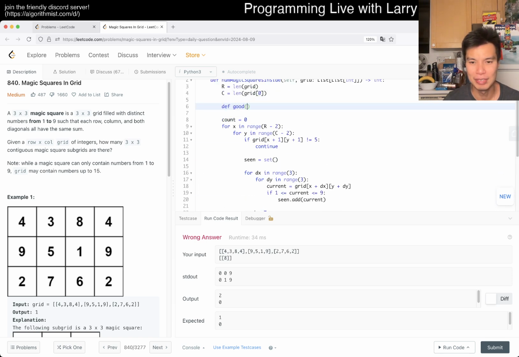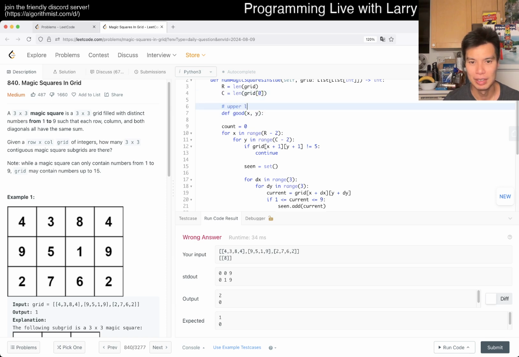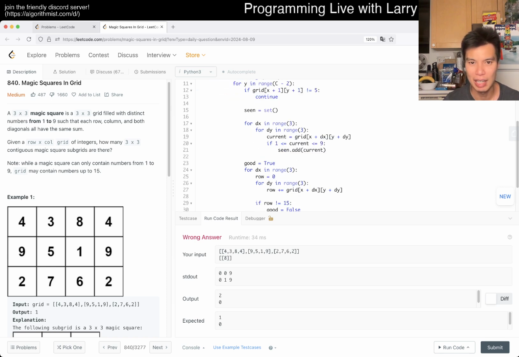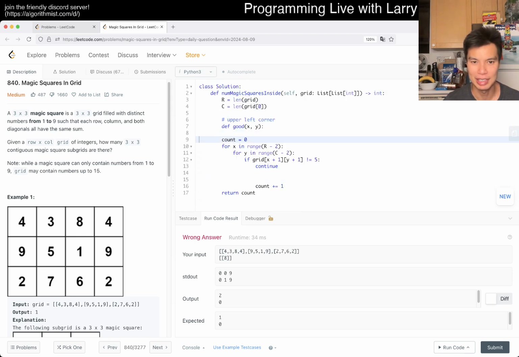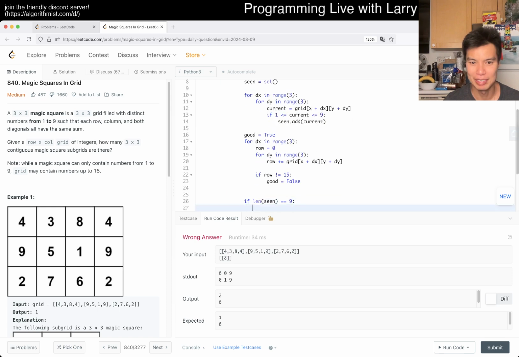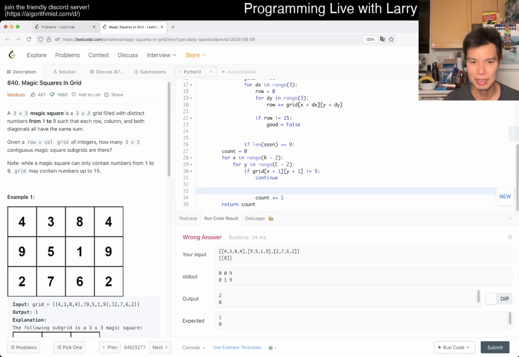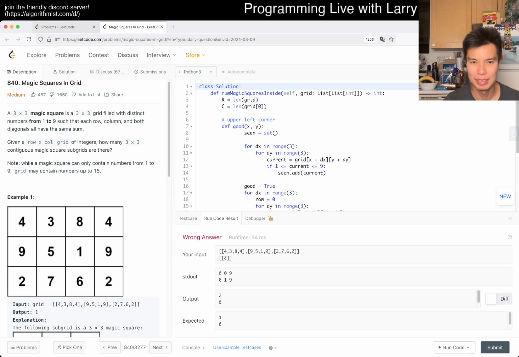Define good of xy, and this is the upper left corner. So now we can just put all these in here, right? This was getting a little bit long. So yeah, if good of xy, we add to count. We could even put this in there, really.